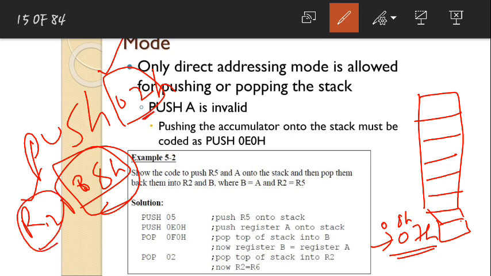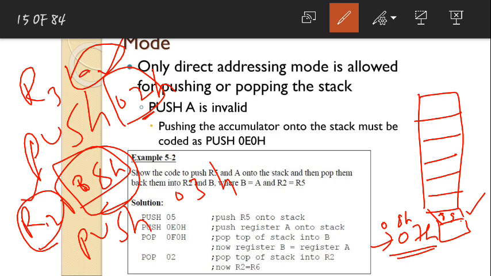So this 88H should be moved into location 08. This is done. Next, if after this push I write another instruction, push 03H, that means what is present in R3. Consider R3 has 99H. Whenever it sees this instruction, first it will increment the address.